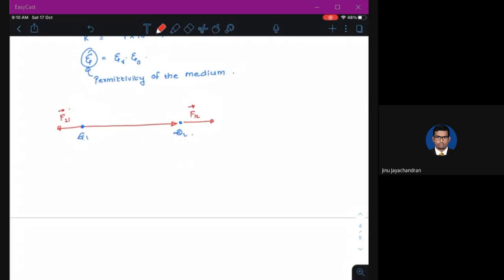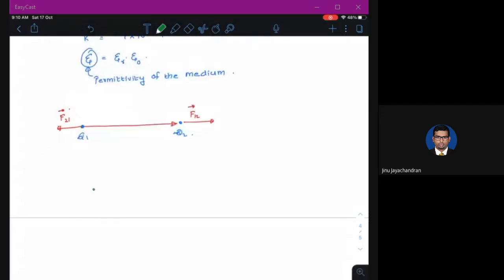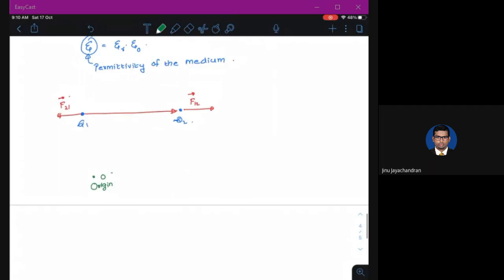The charges Q1 and Q2 will be placed with respect to some point origin O, and it will have a position vector with respect to origin. Okay, let this be R2 and this be R1.